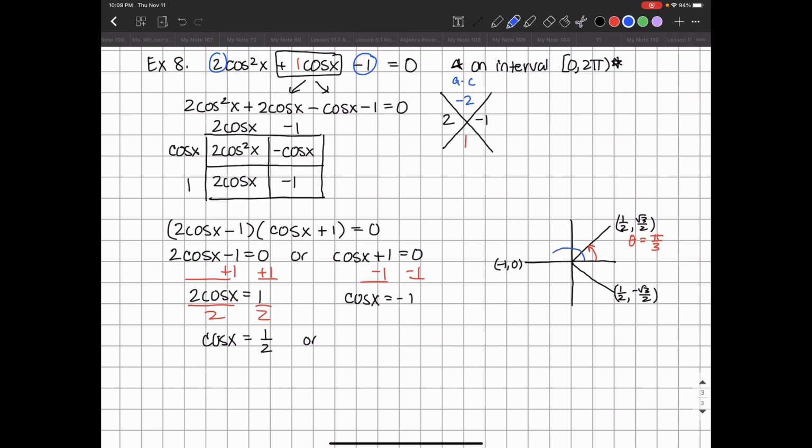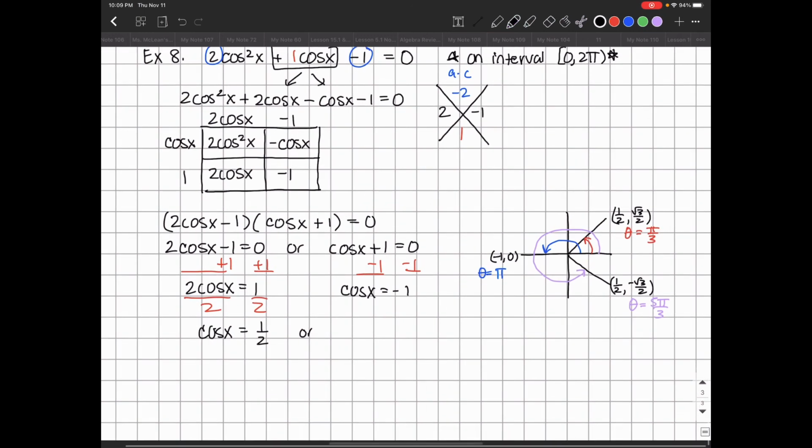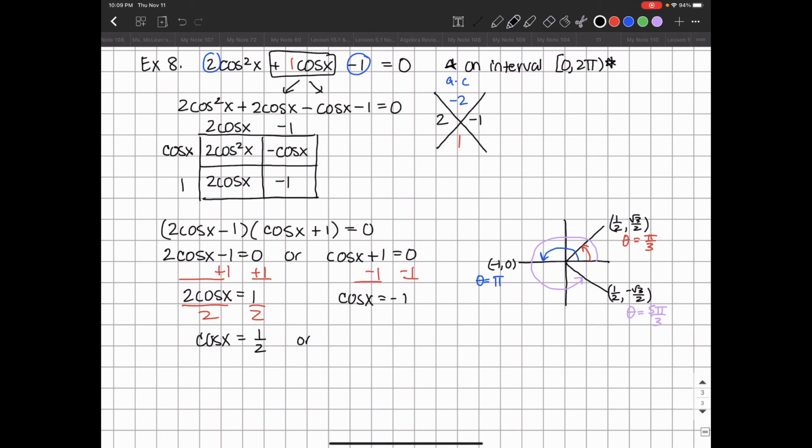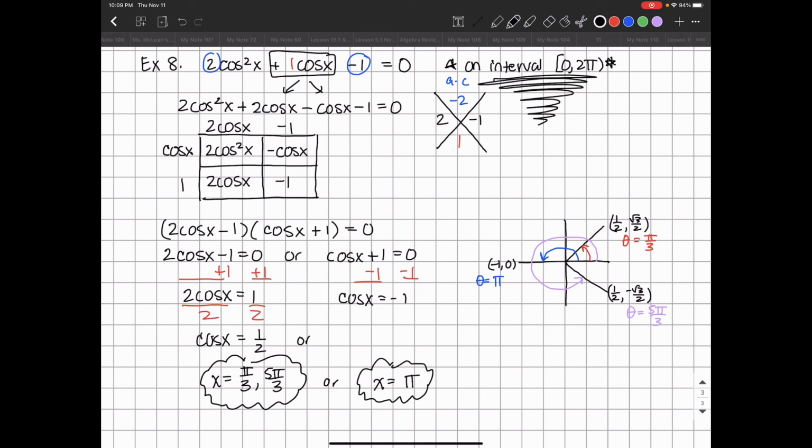I know this angle here is pi, and this angle here is going to be 5 pi over 3. So my answers are x is equal to pi over 3 and 5 pi over 3 from the first equation. And from the second equation, x is equal to pi. I'm not including coterminal angles, I'm only including angles on the interval from 0 to 2 pi.